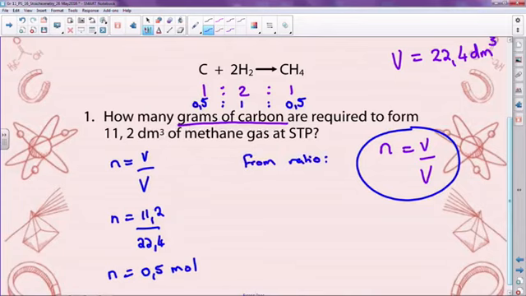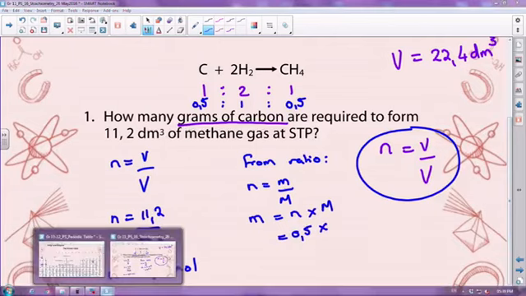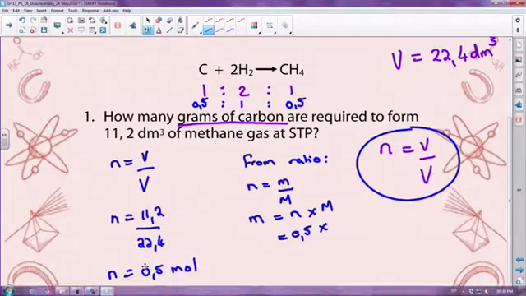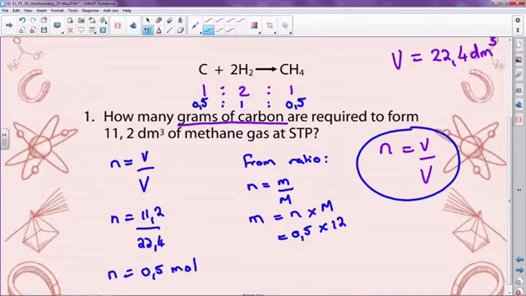I'm going to say that moles equals mass over molar mass, so mass equals moles times molar mass. 0.5, and my molecular mass is 12. If you're not sure, you're welcome to check. Carbon, it is 12. So here we go. Half times 12, so 0.5 times 12 is going to be 6 grams.